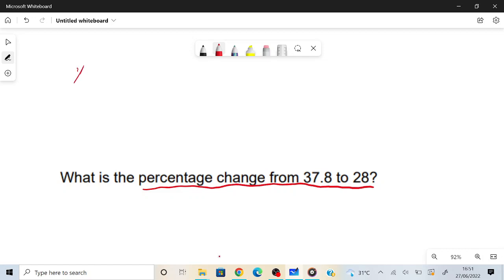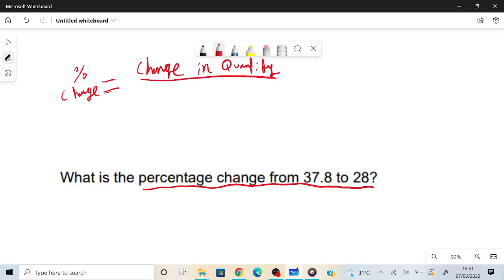Percentage change equals your change in quantity over your original quantity, and you times all of that by 100.